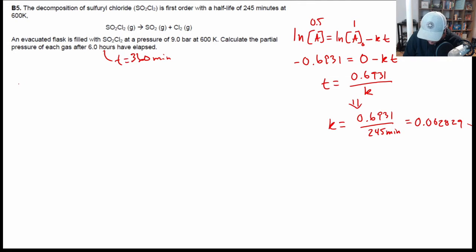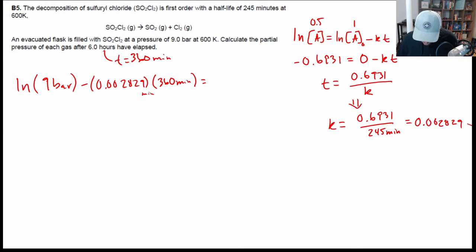So what we can do is the natural log of 9 bar minus k, which is 0.002829 per minute, times the time, which is 360 minutes, is equal to the natural log of SO2Cl2 at 360 minutes.